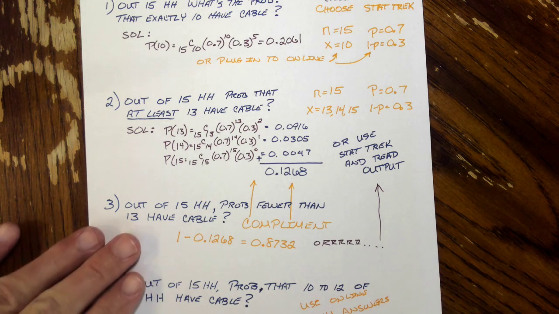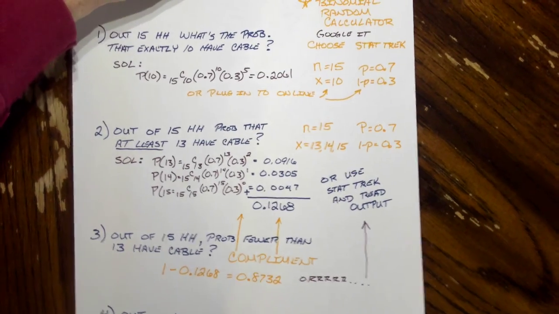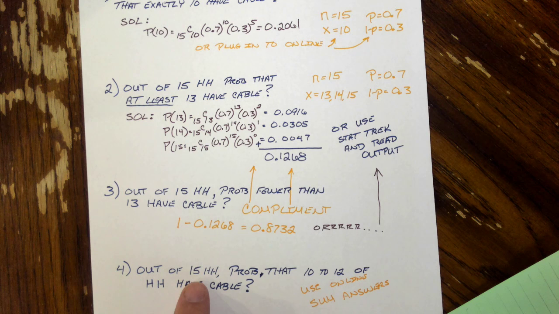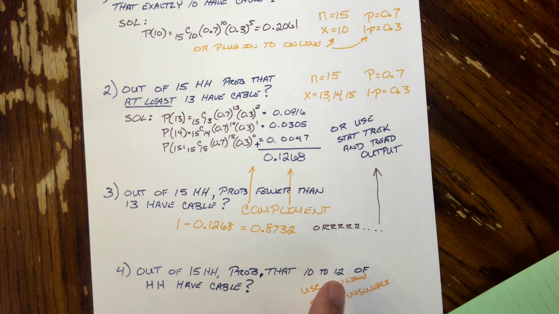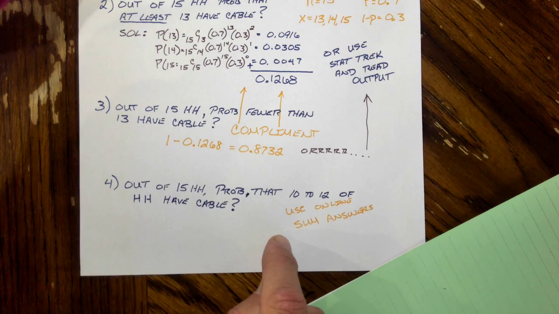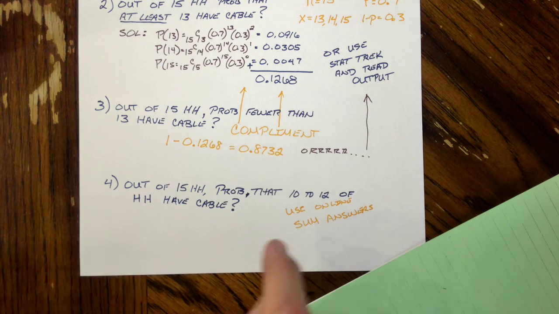And my final example. Now in this one, this won't do it for you because out of the 15, now we're dealing with 10 to 12 households that have cable.